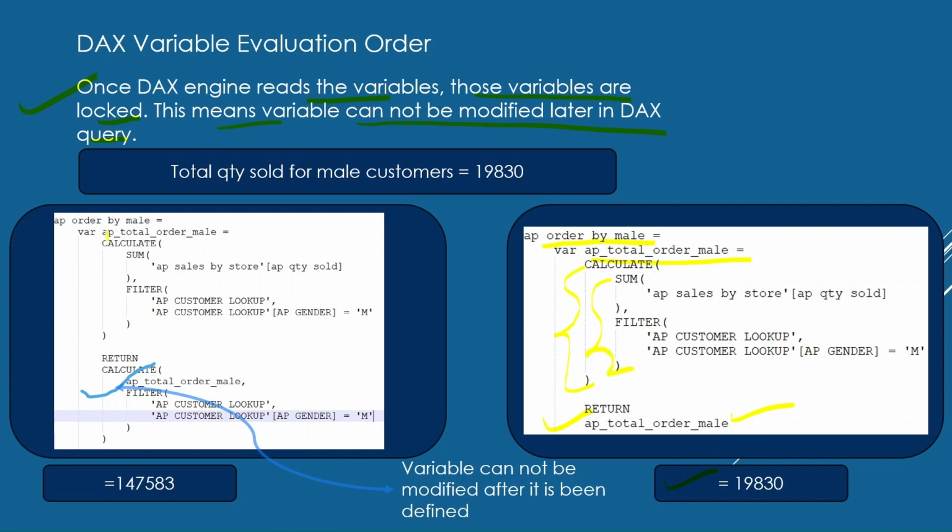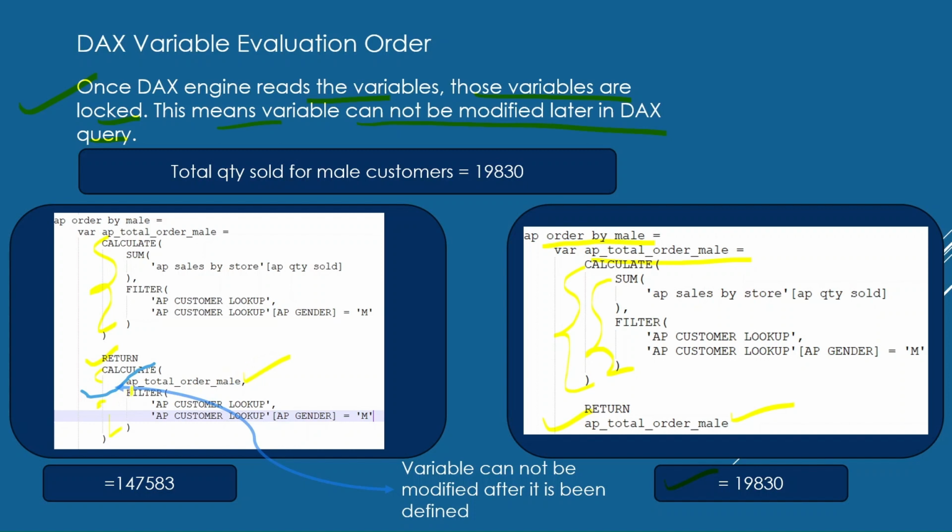Now here we are doing the same thing. We are calculating the total quantity sold by the customer, but when we return, we provide an expression also, and we are trying to change the AP total order sales value.